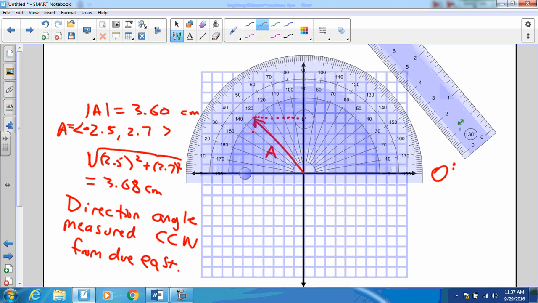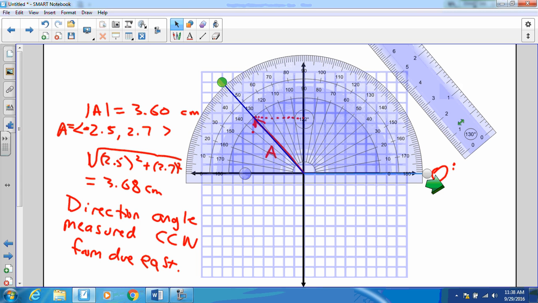So if you put the origin of your protractor right at the tail of your vector, and you orient your protractor so that 0 is due east, then naturally the direction of your vector pops up, and it is the direction that you get from due east.